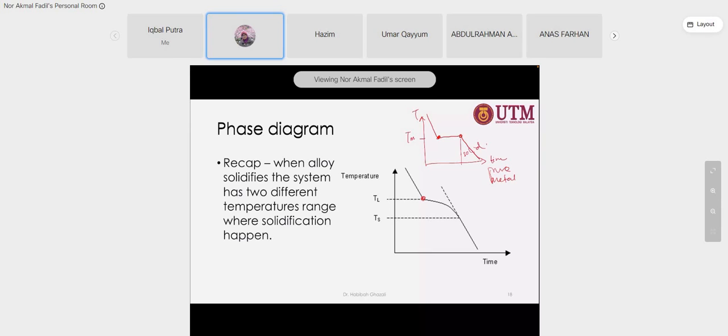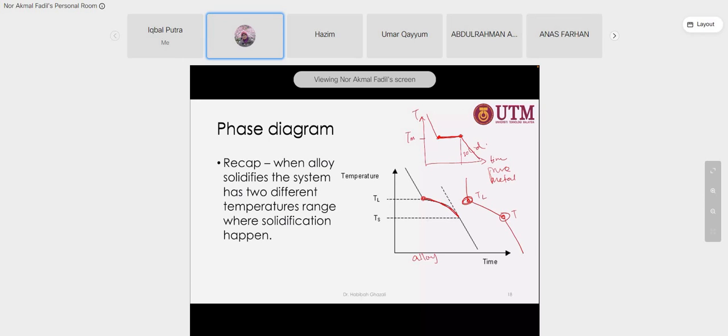This horizontal line will not be observed for the alloy. What you can see is a gradient of temperature. Or sometimes you may see in the notes this kind of gradient temperature. Whatsoever, there are two limits.